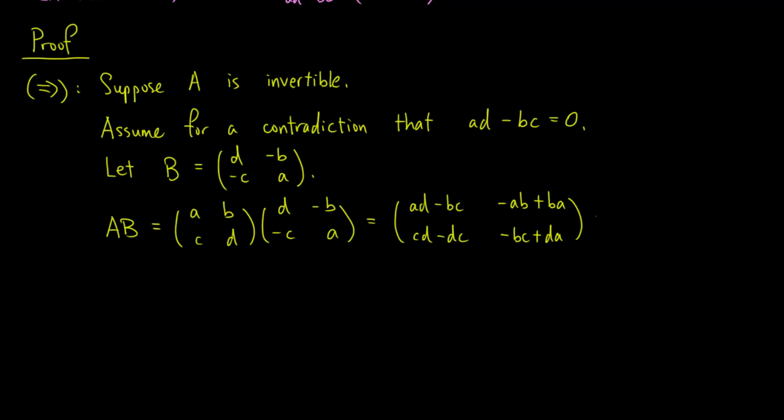Since we have assumed that a times d minus b times c equals 0, the top left entry and the bottom right entry are both 0, and the other two entries are also 0, so we get the 0 matrix.